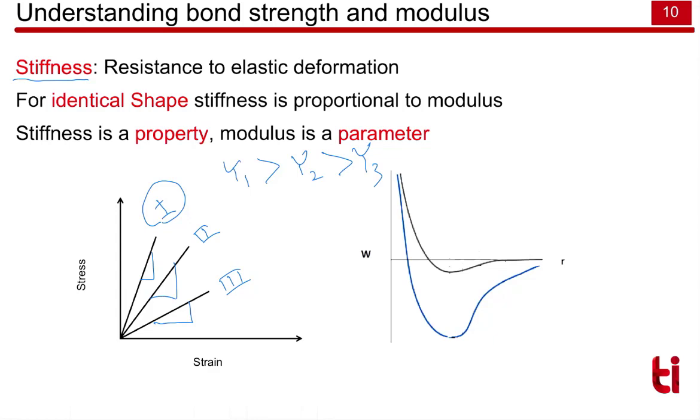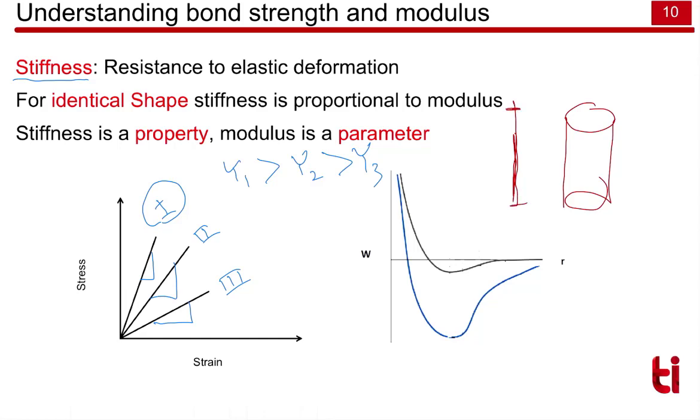Here one line is written: for identical shape, stiffness is proportional to modulus. This I already told you, this modulus represents stiffness. What does it mean by identical shape? Let us suppose you have a copper wire, and this is the copper rod. These are the same length.